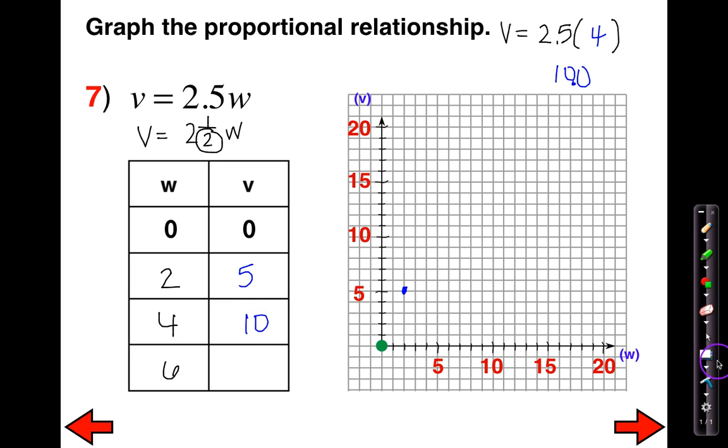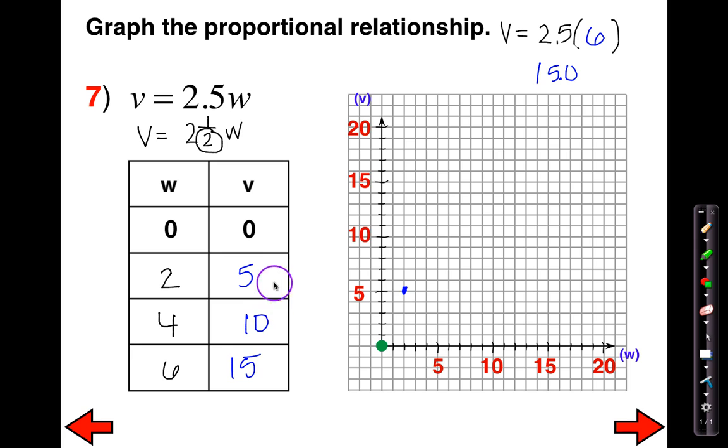So there's a quicker way of multiplying with decimals. Now the next number I'm going to try is 6. So here, I'm going to go ahead and plug in a 6. So what's 25 times 6? Well, 25, I think of quarters. If I had 6 quarters, how much money would I have? I would have $1.50. Well, how many decimal places should you move? Once. So this is going to give you 15.